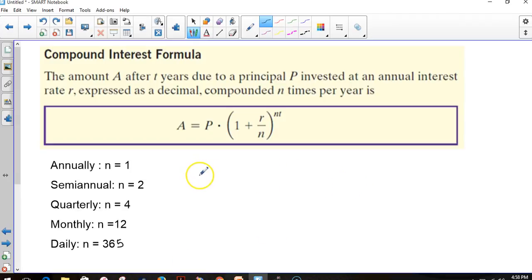If I said now that my interest was going to be compounded, so not a simple interest where you just pay the interest earned on that $100 every year. I'm going to put simple up here. That was $115 that we would pay. If I said, well, I'll lend it to you, that $100 for 3 years, but I'm going to compound it annually.